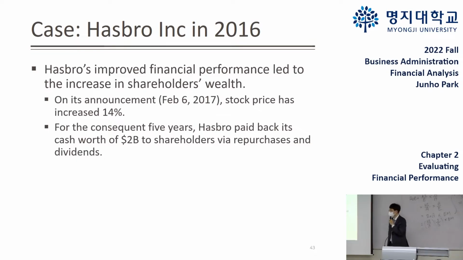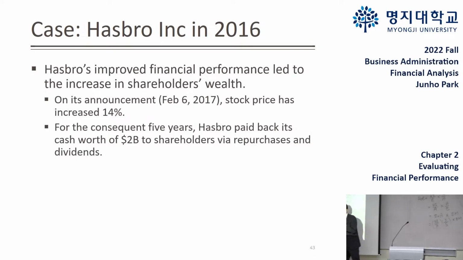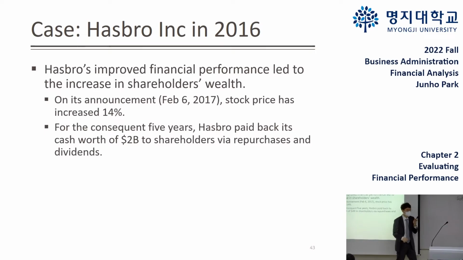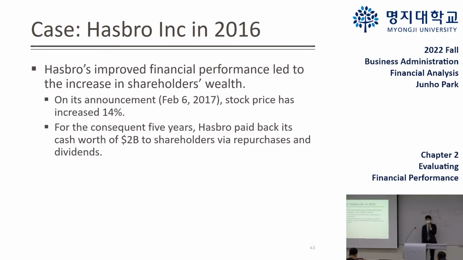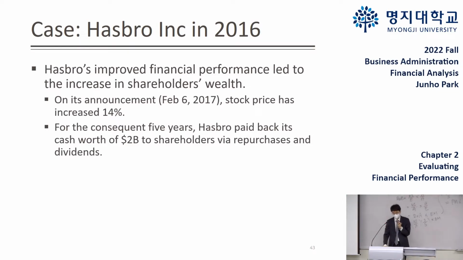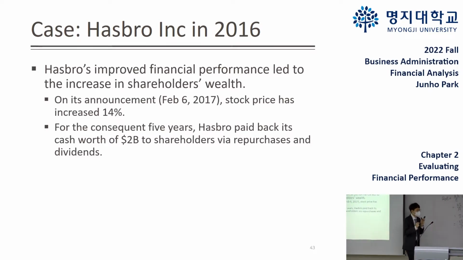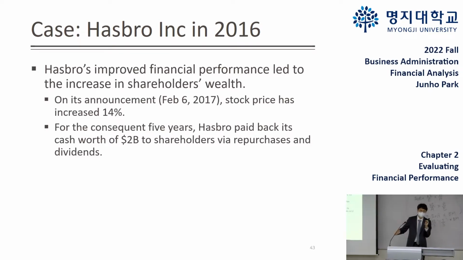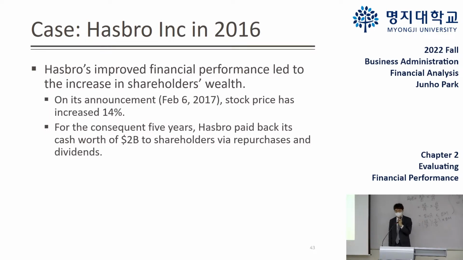So their shareholders in aggregate were able to receive $2 billion from the company. This evidence shows that our ratio analysis is not just for the textbook, but also for reality.